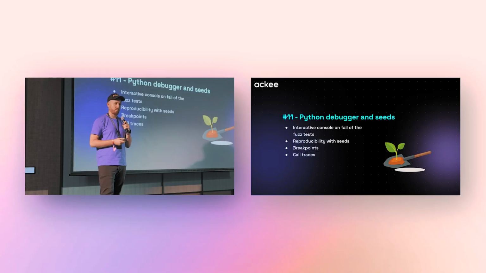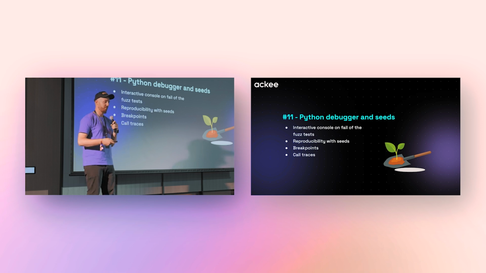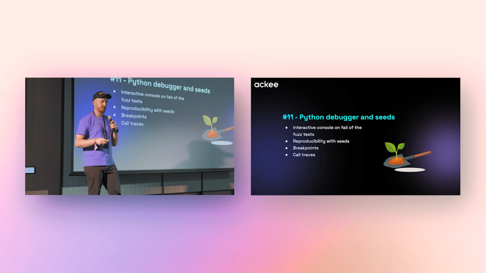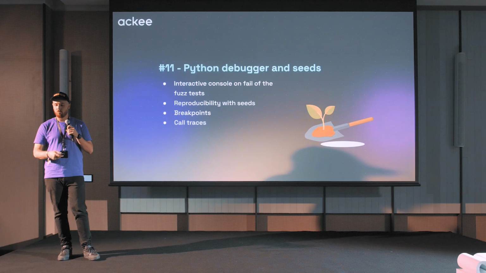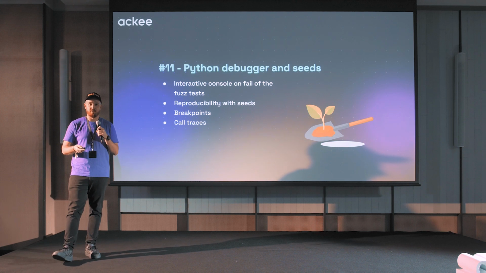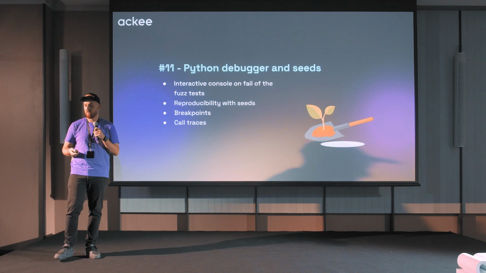Okay, this one is probably the most useful feature. For example, let's say 1 year ago, when we were running fuzz tests, we ran them overnight, and then we woke up, came to it, and we had just a revert message that it failed. And we had to search for the issue, why it failed, and then we had to run it multiple times again to know if it was fixed, and we couldn't actually be pretty sure if it was fixed because it's always random.